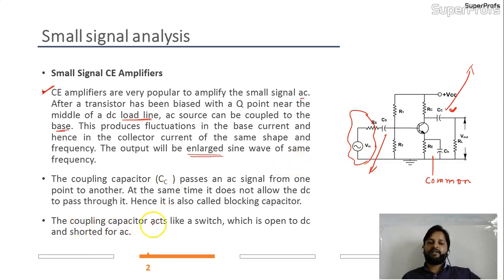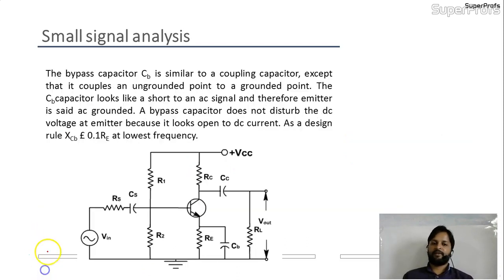Right? So the coupling capacitor acts like a switch which is open to DC and shorted for AC. Okay, definitely the coupling capacitor will act like an open circuit for the DC and like a short circuit for AC. Means it will pass the AC, block the DC. Is it okay?